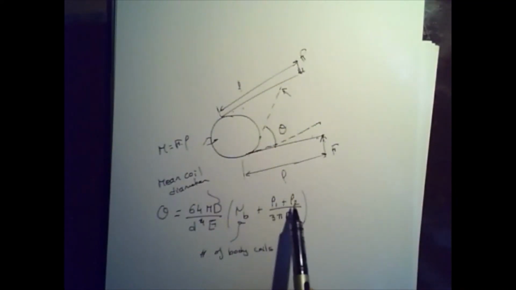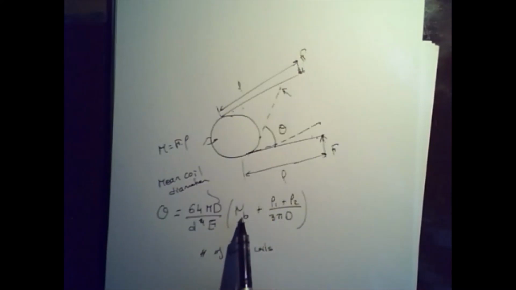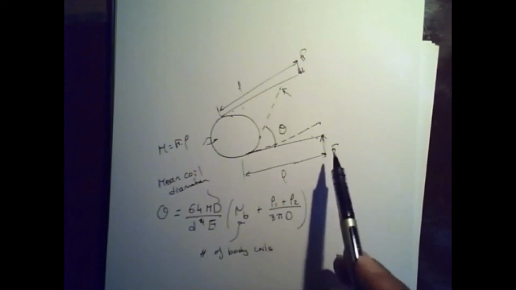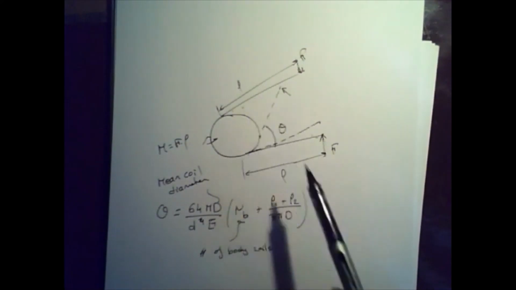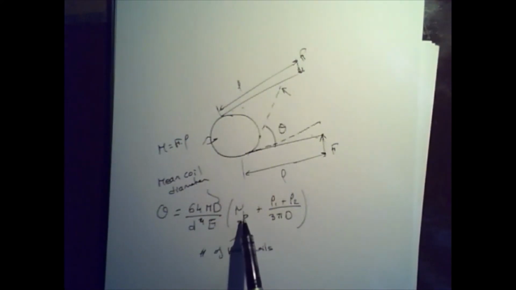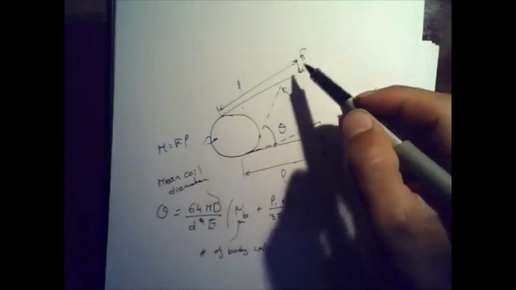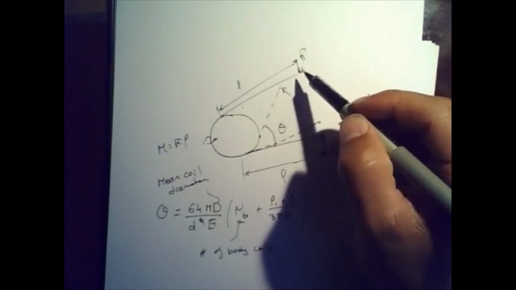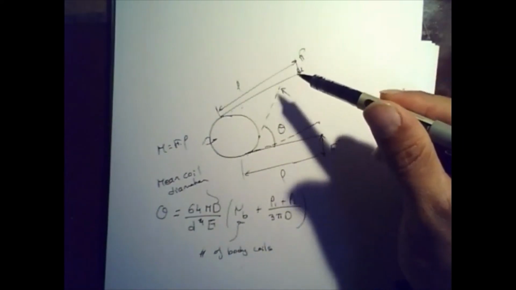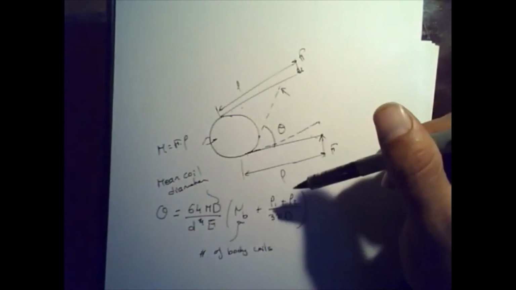That is why I have L1 plus L2, and I'm adding this to the deflection of the body coils. Essentially I'm mapping the lengths of these two and adding those to the number of body coils. So just be careful later on, I might give you greater lengths, so you still have to incorporate that inside your equations.